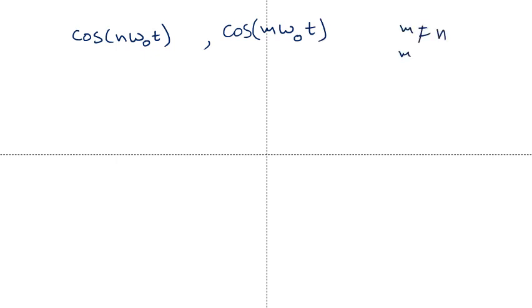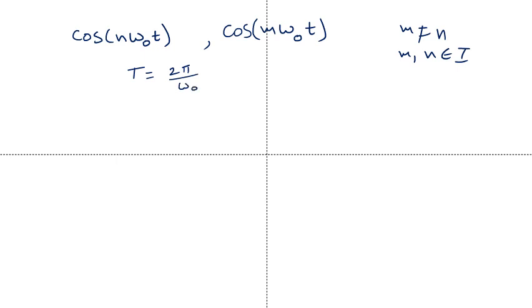Now, before going to the trigonometric Fourier series, suppose you have a signal cos(n omega naught t) and another signal cos(m omega naught t), where m is not equal to n, and m and n are both integers. Both are periodic signals with time period T equal to 2 pi by omega naught.